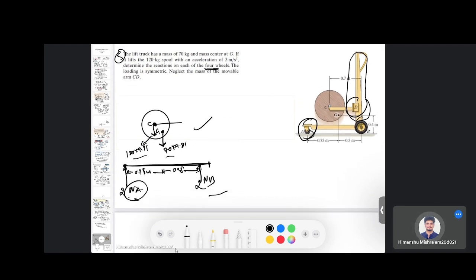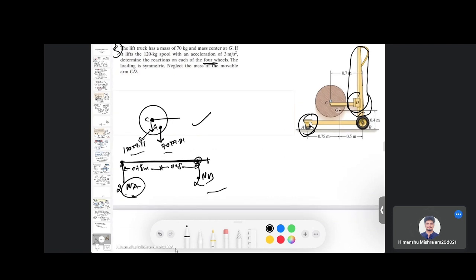So if I take the moment at point B, this is my B, this is A, I will have the summation of moments from these 2 weights as well as from the normal reaction, and it is equal to I alpha.